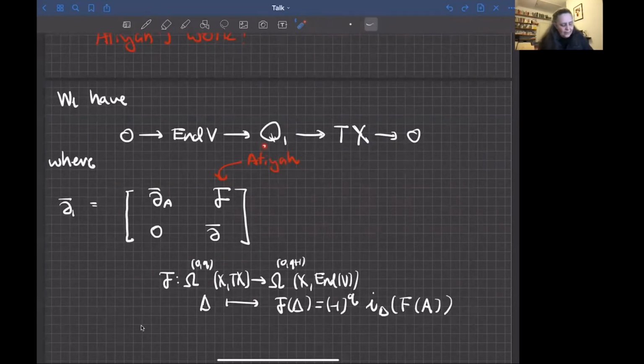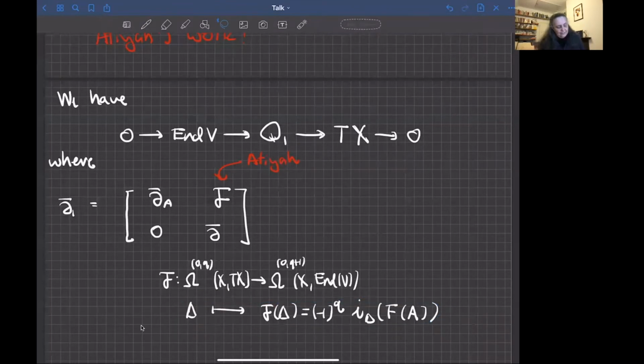Acting on forms on Q1, where these are the del bar operators that we have just talked about, and this is the Atiyah class, which is a map that maps forms on X with values in the tangent bundle of X, to forms on X with values in the endomorphism of V, and more explicitly, the action on a form, say form 0Q with values in the tangent bundle, like this, is given by the insertion operator, right, of this object on the curvature of A.